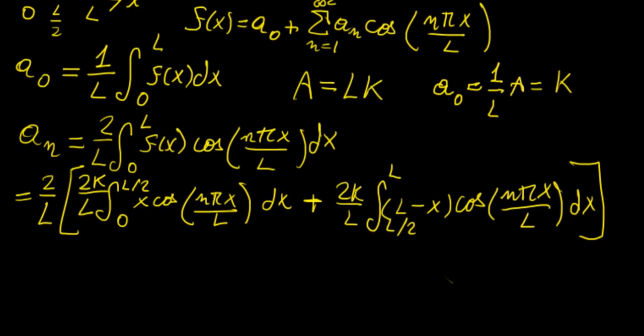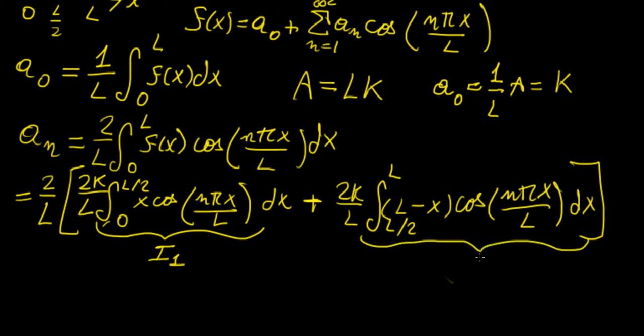But before we do that, obviously we need to evaluate each of these ones. So let's call this one integral 1, and let's call this one integral 2, because we're going to have to use integration by parts for each of them. So let's evaluate integral 1 first.